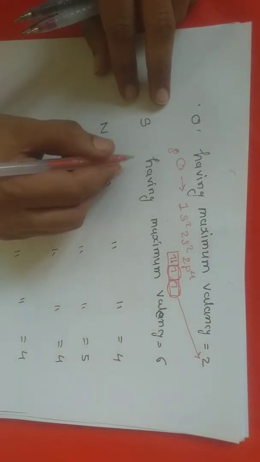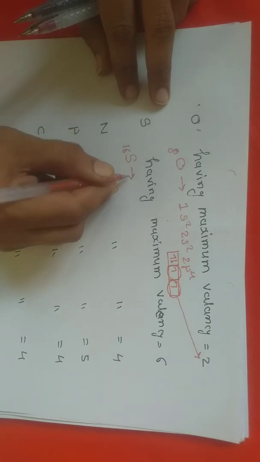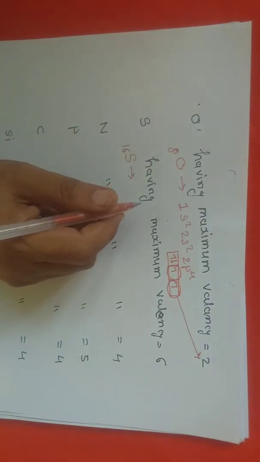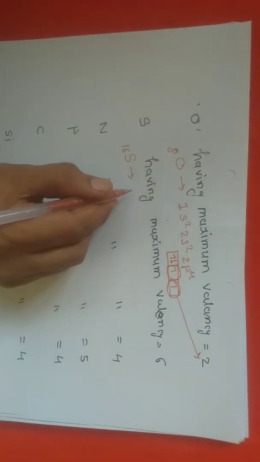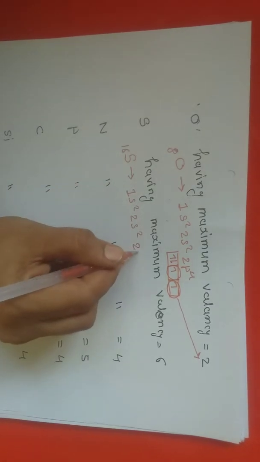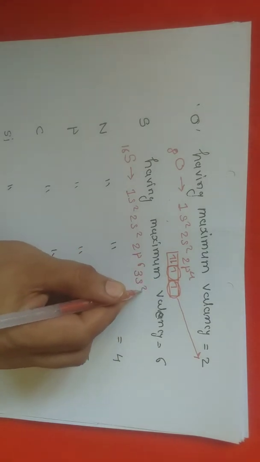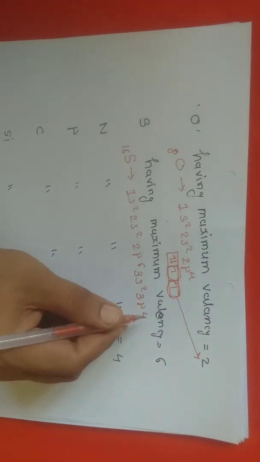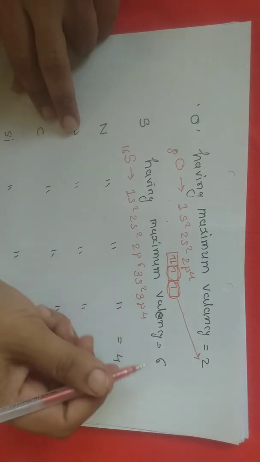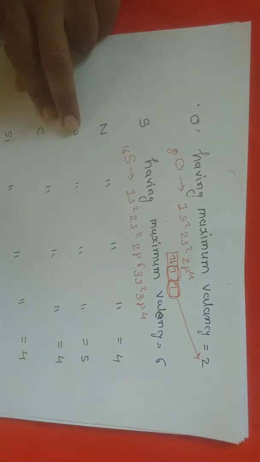Similarly, sulfur has atomic number 16. If we draw the electronic configuration of sulfur, it is 1s2, 2s2, 2p6, 3s2 and 3p4. So the number of electrons is 2 plus 2 is 4, 6, 10, 12 and 16.